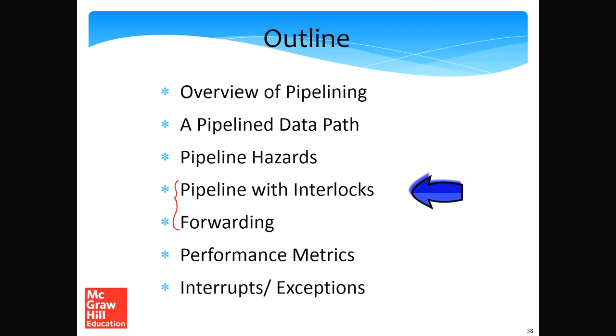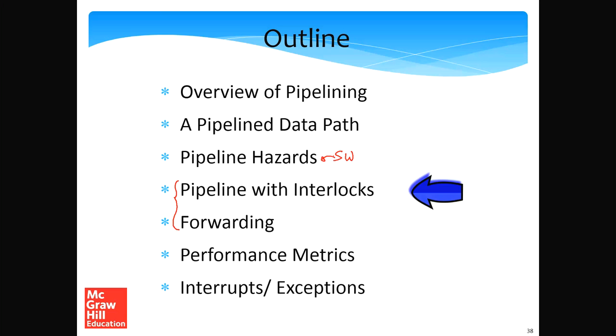So we'll look at these two techniques because this was a software technique. And software is good, but a problem is that the compiler needs to be aware of all the details of the hardware. This is not always possible because it means that for every new kind of pipeline that we need to have a different and separate compiler.